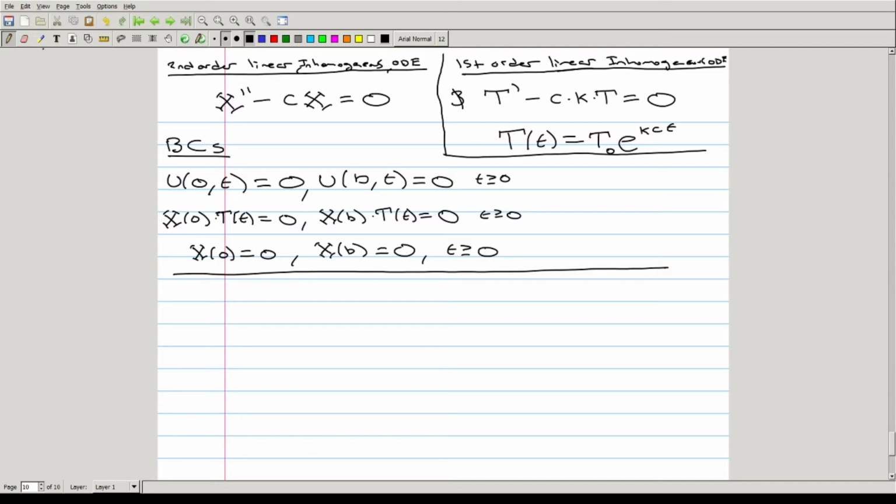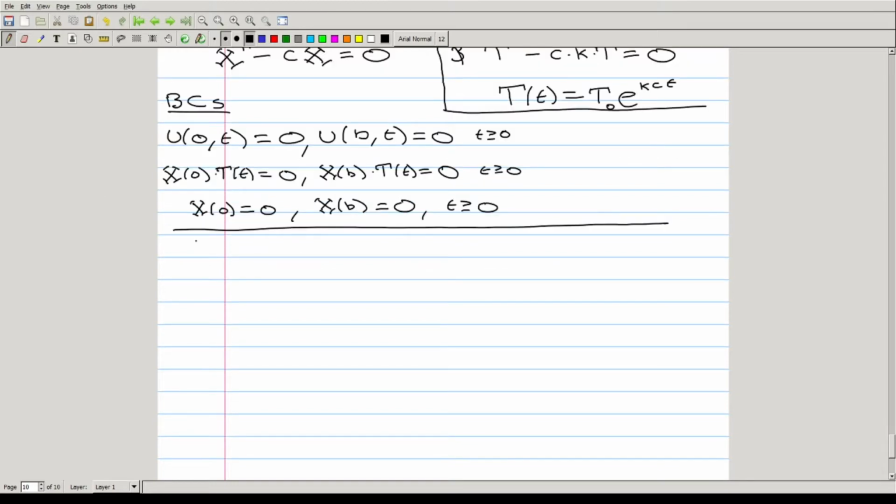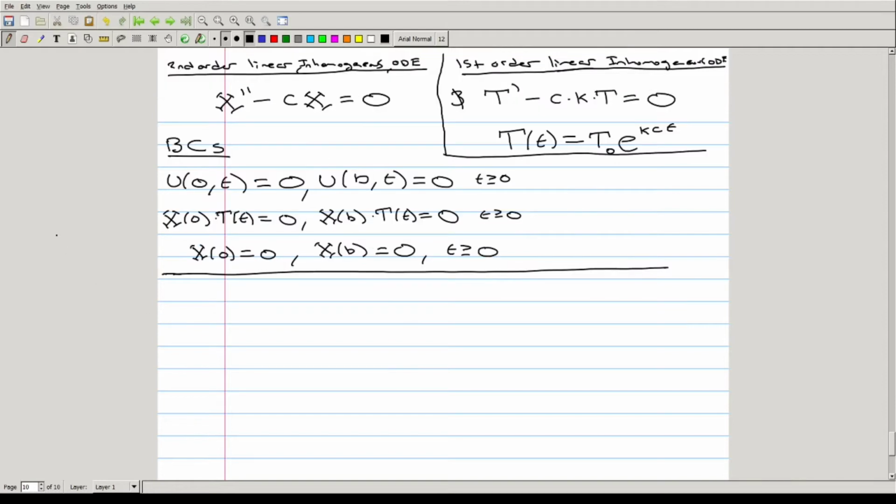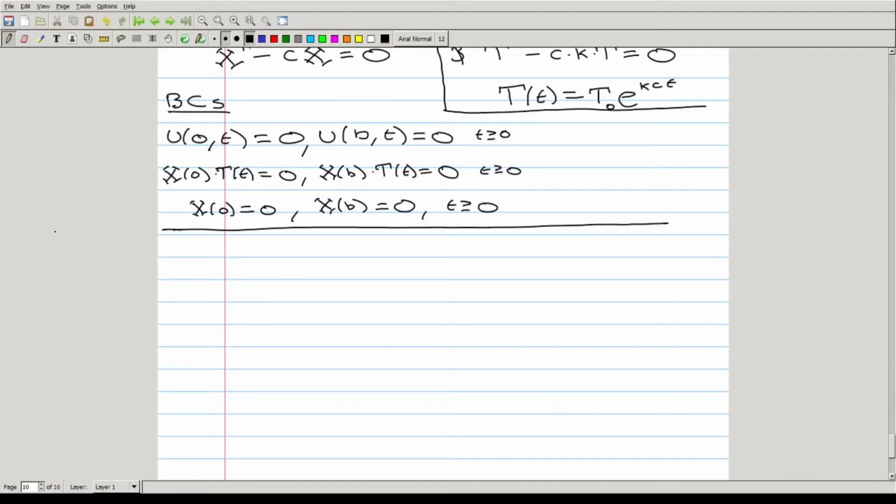And the theory of Sturm-Liouville problems is very, very intimately related with what we're doing here and whether or not we can solve a given partial differential equation using the method of separation of variables. So I encourage you to read further into that if you're interested. But just going over the general idea here, we have three different possible values for c.